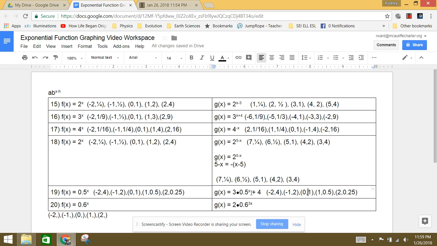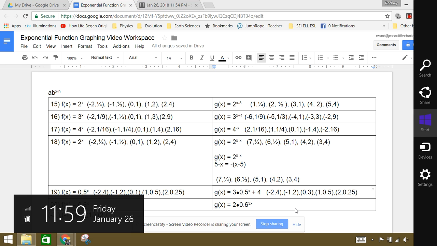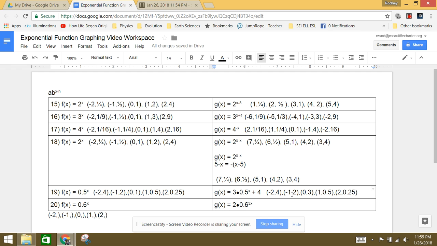And if we just focus on this part of the function, let's deal with that first. So this is going to be 3. 0 will give us our initial value. This is the a in a, b to the x. Okay. And then if x is 1, then I'm going to have 0.5 times 3.